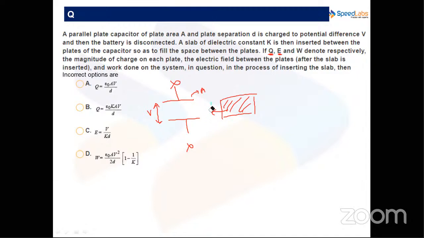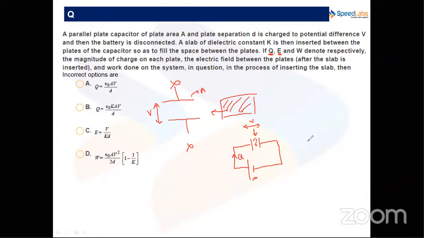So first is charge. As I told you, there is always this confusion that if the battery is there, then if you insert a dielectric slab, the potential difference will be maintained by the battery by providing some additional charge.